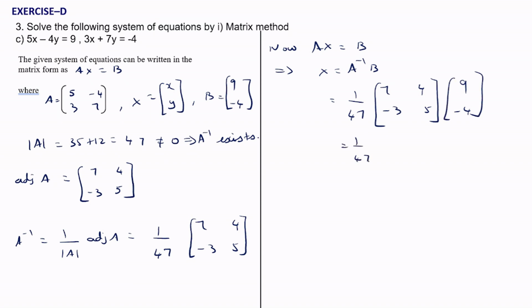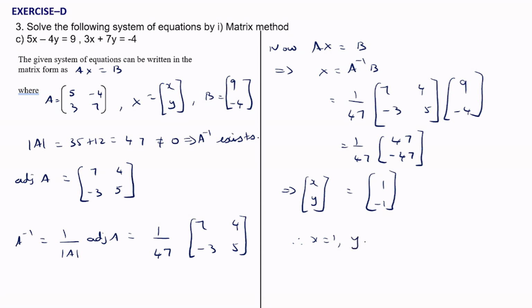So this is 1 by 47 into 63 minus 16, which is 47, and minus 27 minus 20, which is minus 47. So here we have the variable matrix x and y equal to 1, minus 1. Therefore, x equal to 1, y equal to minus 1. So this is the solution for the given system of equations.